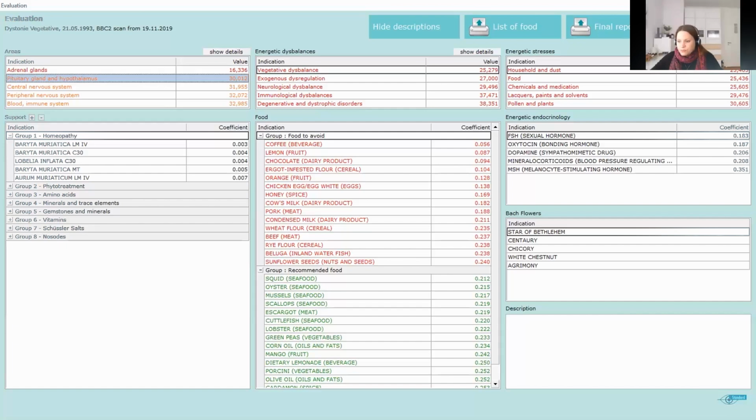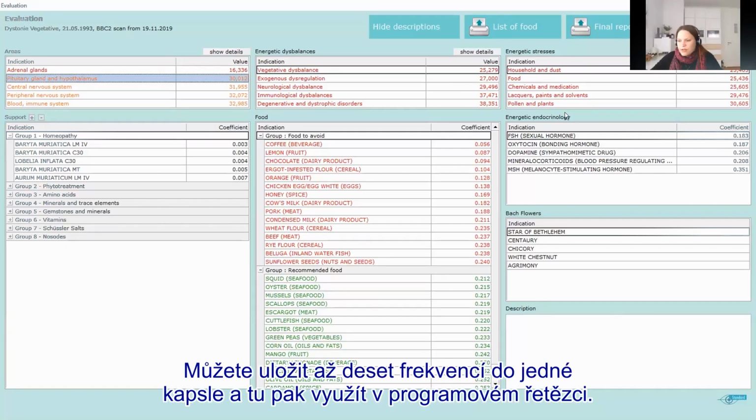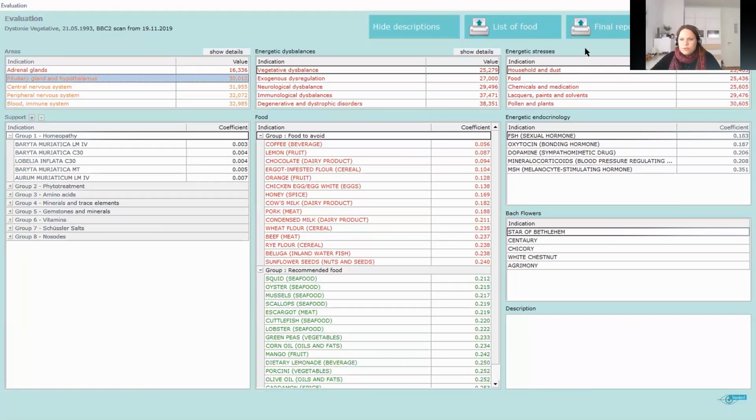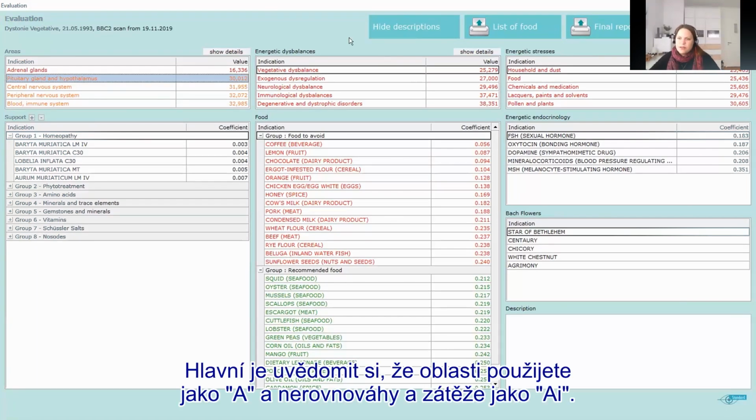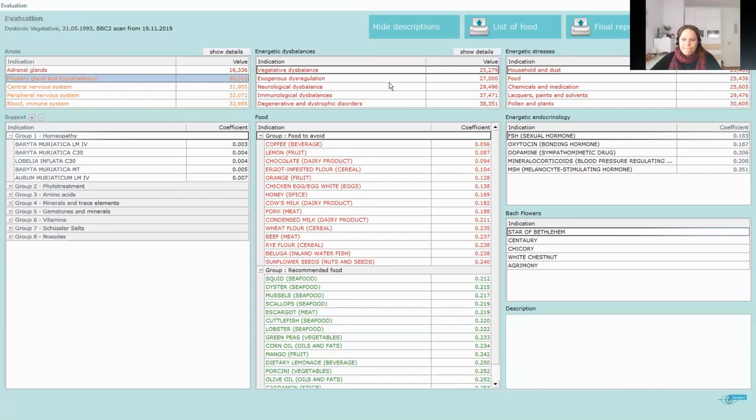So you can put a lot of frequencies in one capsule and use it with this program sequencing. But this is what you do in your trainings, like you do it with your therapist, just so that you know how to use it. So the areas with A, the disbalances and stresses with AI.